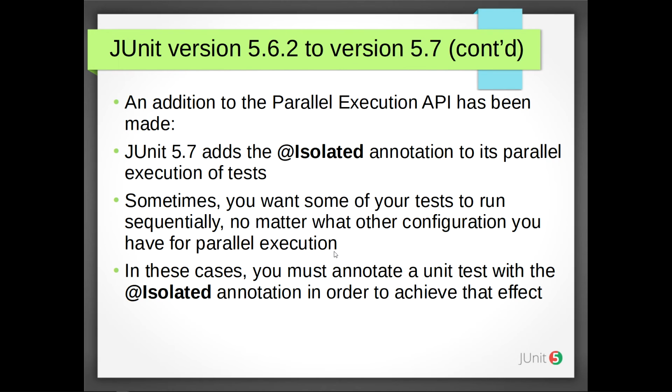In these cases, you must annotate a unit test with the @Isolated annotation in order to achieve that effect. So basically, if you want a unit test to run sequentially without anything running in parallel, you just apply @Isolated to the method, and that's what will happen.